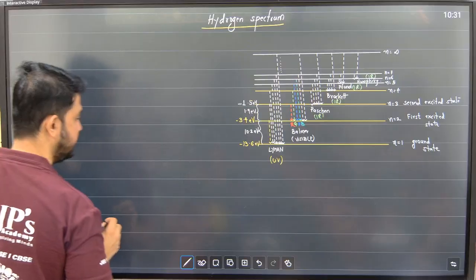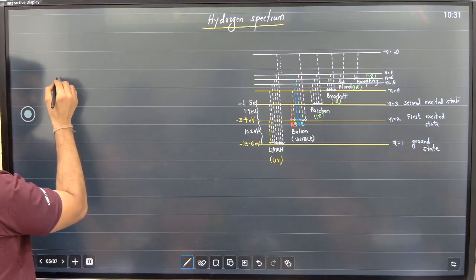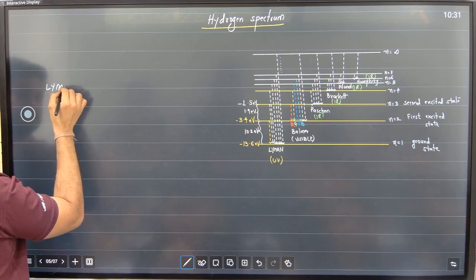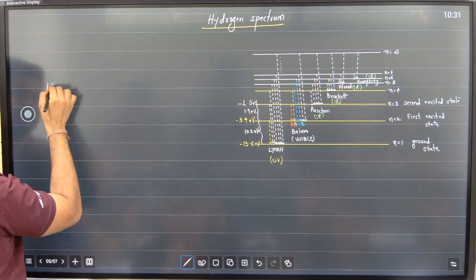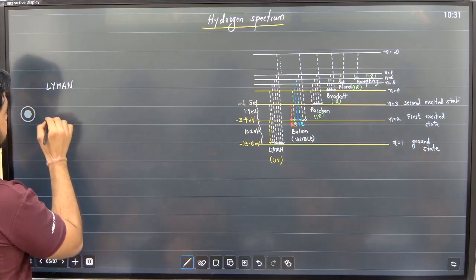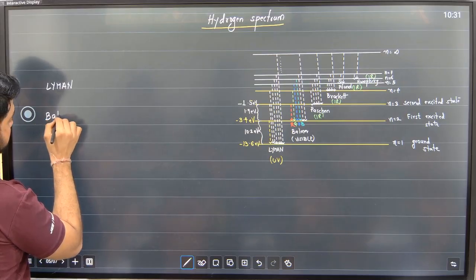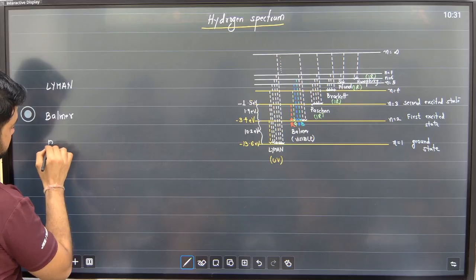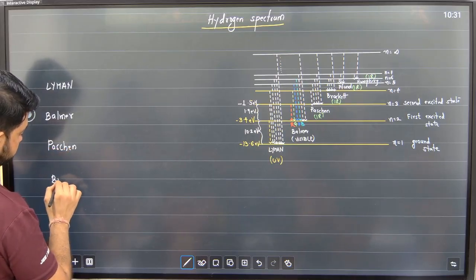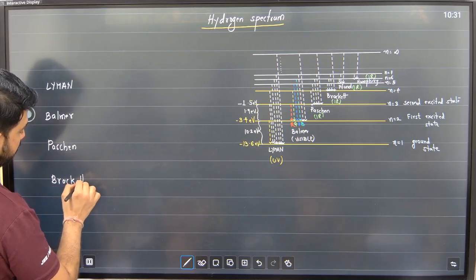People give me all the series once again. First series, which one is it, people? Lyman series. What about the second one? Balmer. The third one, Paschen. Next, Brackett. And one more we write, Pfund.